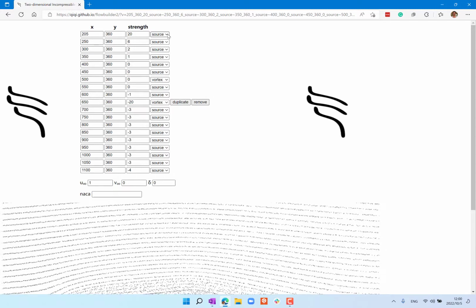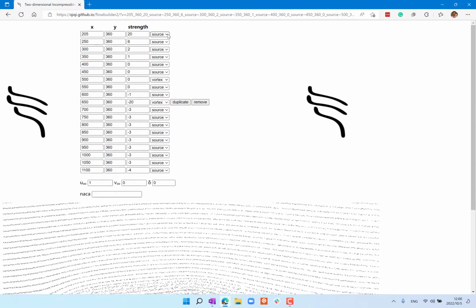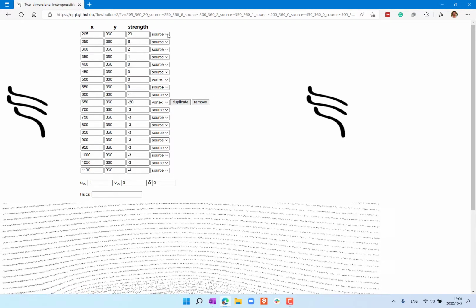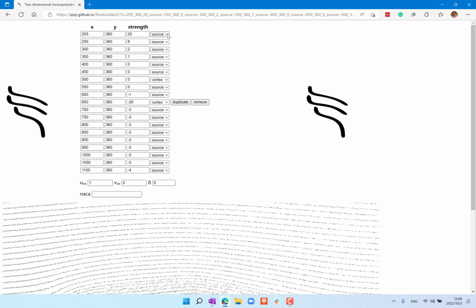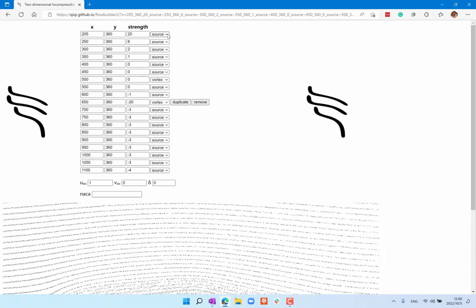That doesn't require any sources and sinks; we're changing everything to vortices. I want to figure out if you can simulate the flow over just a flat plate with no thickness, but at non-zero angle of attack.